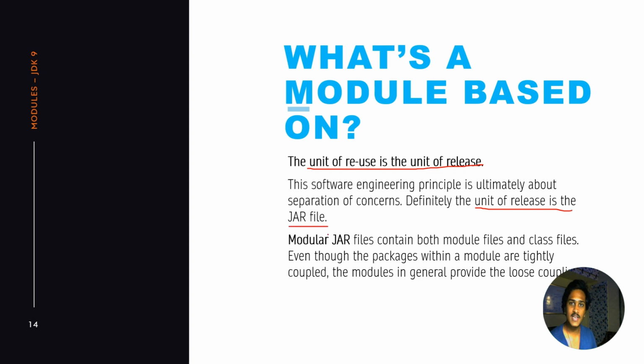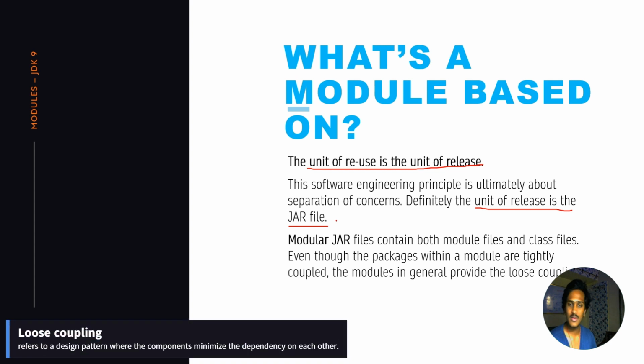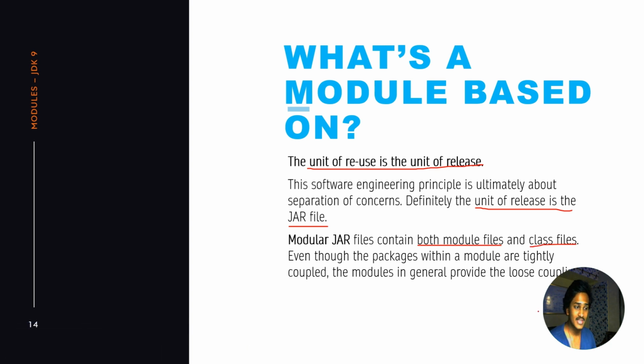But JDK 9 says that this jar file can be modified into a modular jar, which would contain both module files and class files. What is the use? Basically, all the packages within a module can be tightly coupled, another software engineering principle. And modules in general provide loose coupling between each other. So that is the benefit.